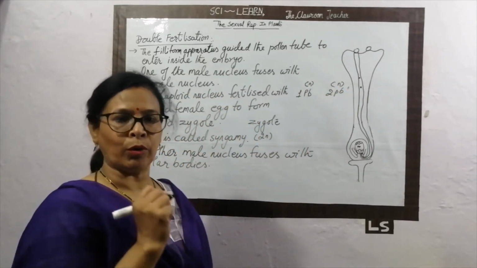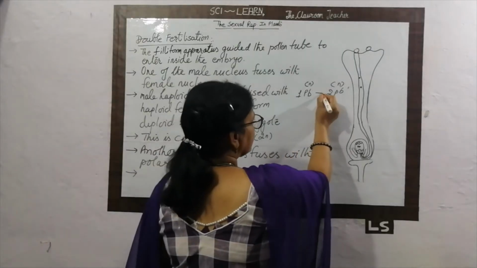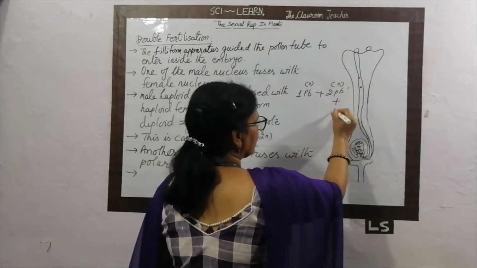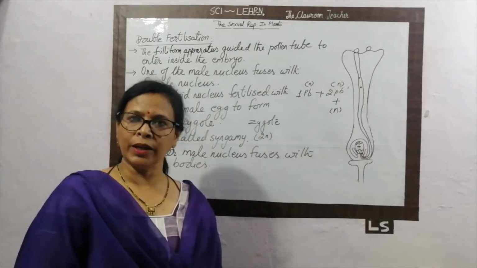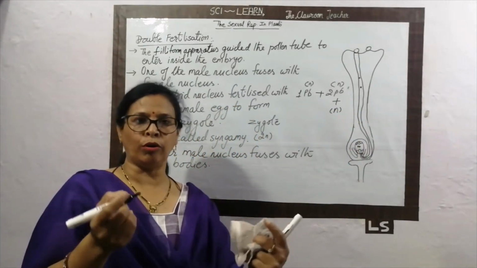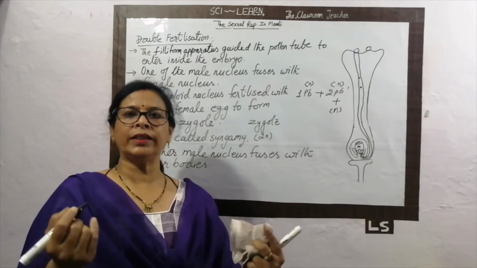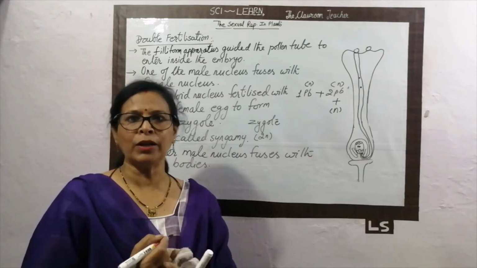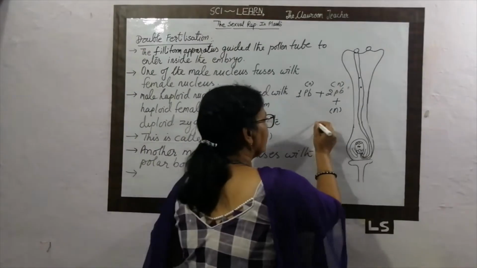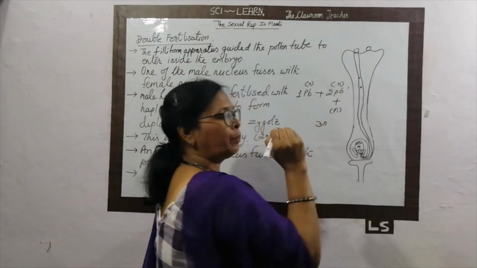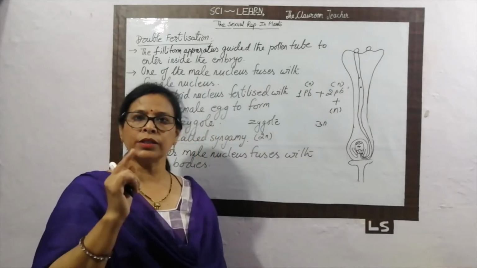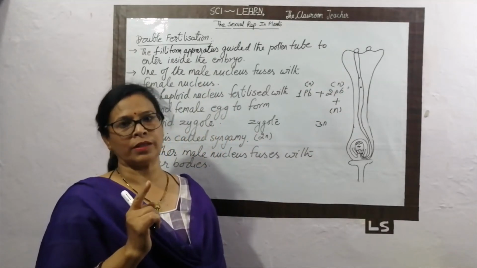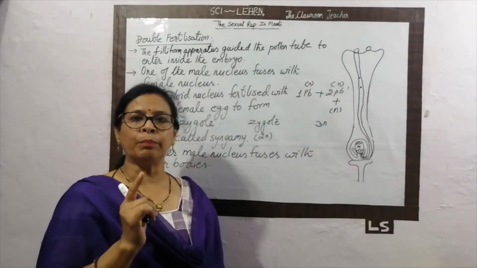So both are haploid. Now this haploid cell fertilizes with another male nucleus which is also haploid. So what happens when three haploid nuclei combine together? They form one triploid nucleus, 1, 2 and 3. 3N is there. So this forms one triploid nucleus, and so it is called triple fusion.